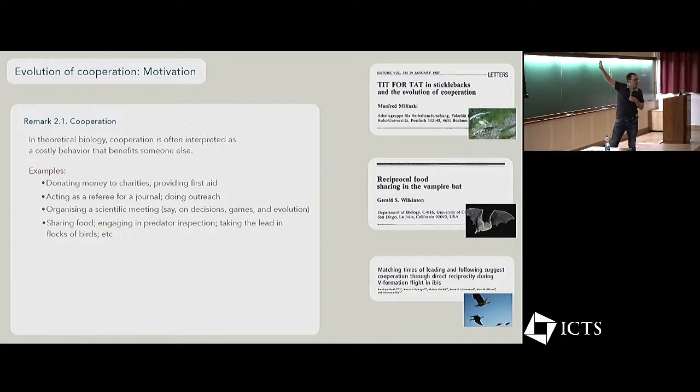There is one thing about this experiment that I like a lot, because I think it's very elegantly designed. If I had to design an experiment that shows that stickleback play something like tit for tat, I would put 2 stickleback into a tank, observe them, do some data analysis and try to find that there is indeed tit for tat going on. But that is not what Manfred Milinski did.